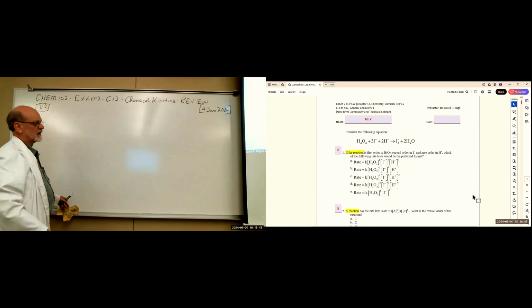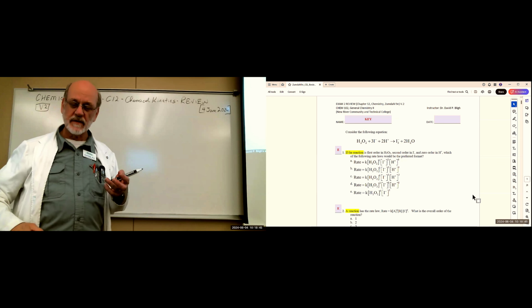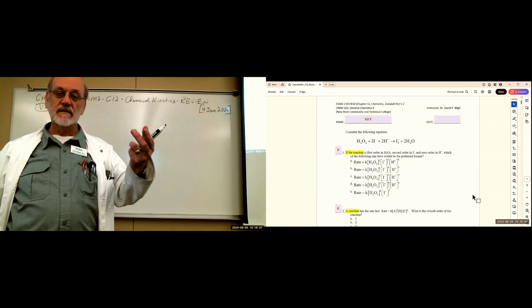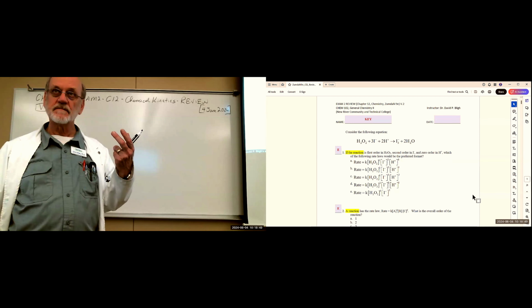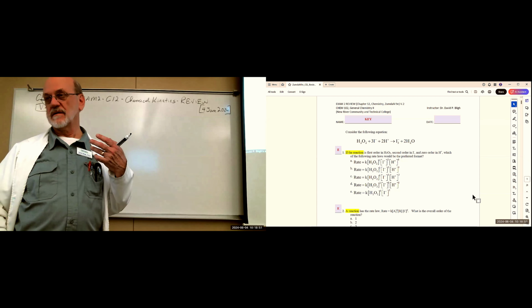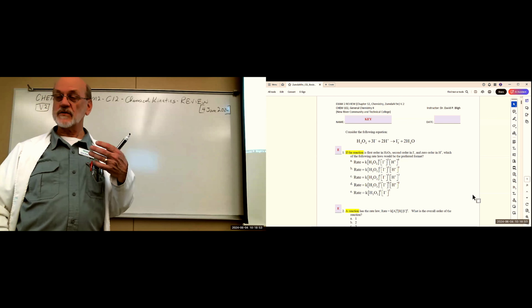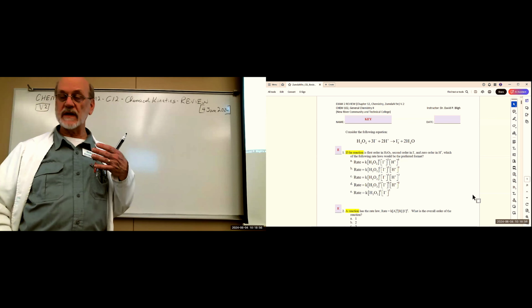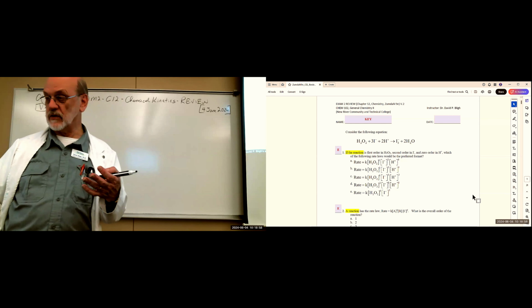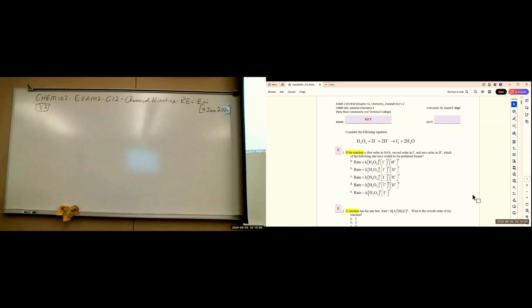So if I were to give you a graph that plots the inverse of the concentration against time, you know that would be second order. And then you'd go to your useful information, find the second order equation, which is the inverse equals KT plus the inverse of A0.